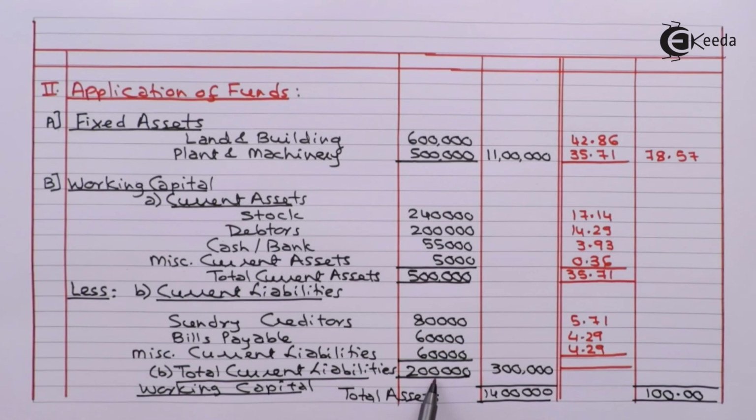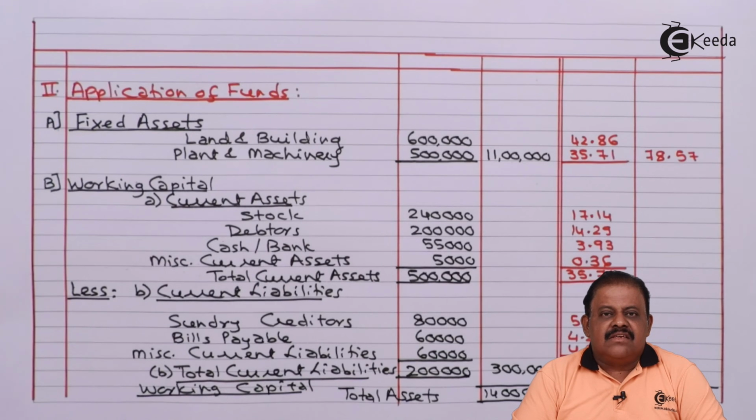Total current liabilities 2 lakhs divided by 14 lakhs multiplied by 100, 14.29%. Net working capital 3 lakhs divided by 14 lakhs multiplied by 100, 21.43%. Thus we have prepared common size balance sheet with the help of details given in the question, as horizontal balance sheet was not given in the question.